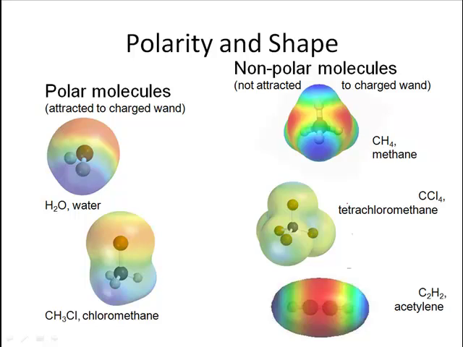So hexane's structure here is C6. It's got 6 carbons. 1, 2, 3, 4, 5, 6. It happens to not be in a ring, unfortunately. But it's got hydrogens completely around it.